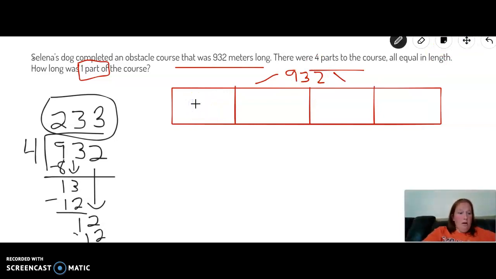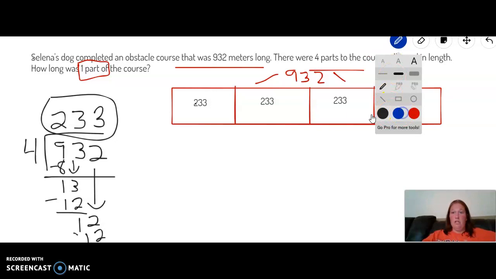We know that each part has 233. So the answer, how long was one part of the course? One part of the course is 233 meters long.